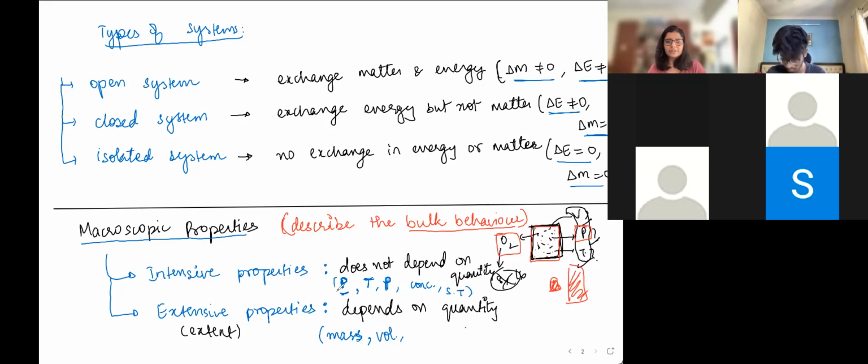Extensive properties, take examples: mass, volume, enthalpy, entropy, work, number of moles, and heat capacities like Cp, Cv. So these are all examples of extensive properties. A lot of it you're familiar with, density, concentration. In extensive, you may have come across some new things like enthalpy.